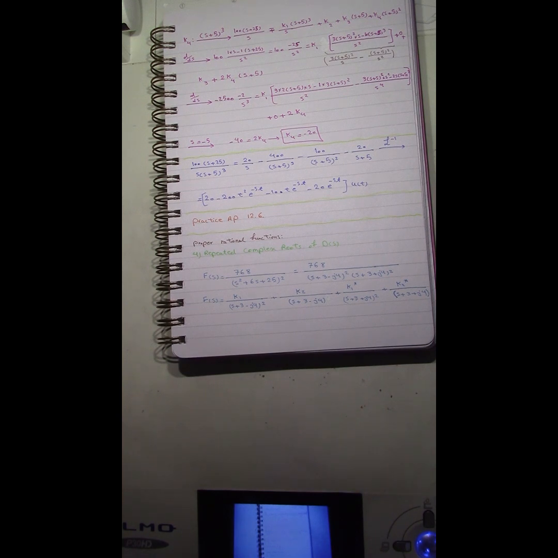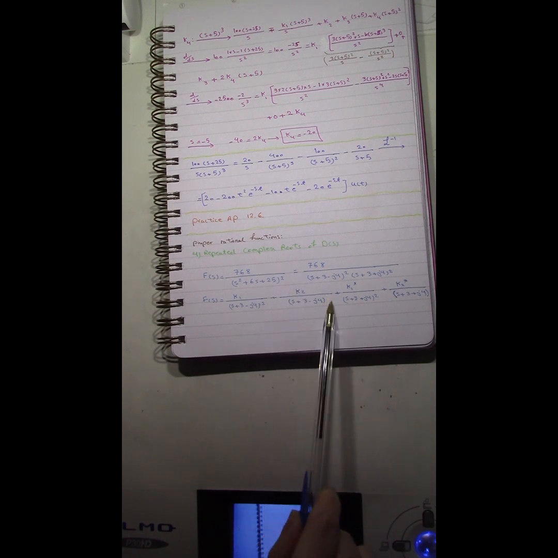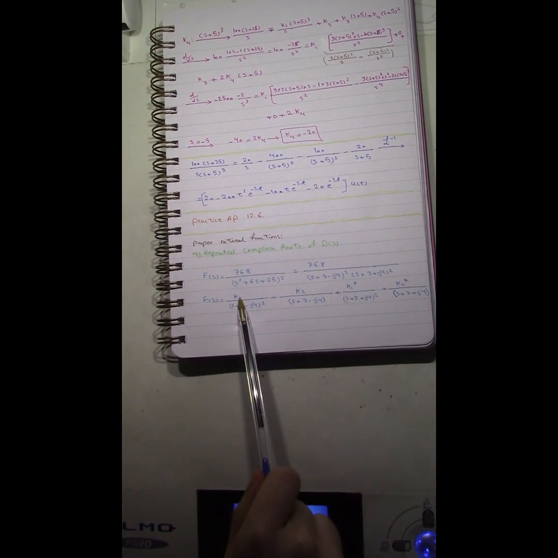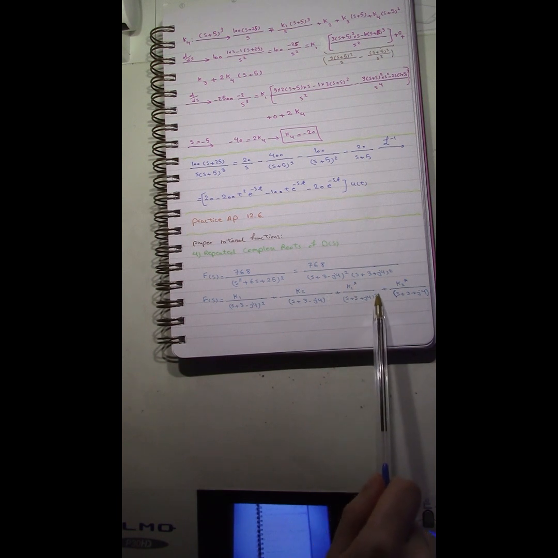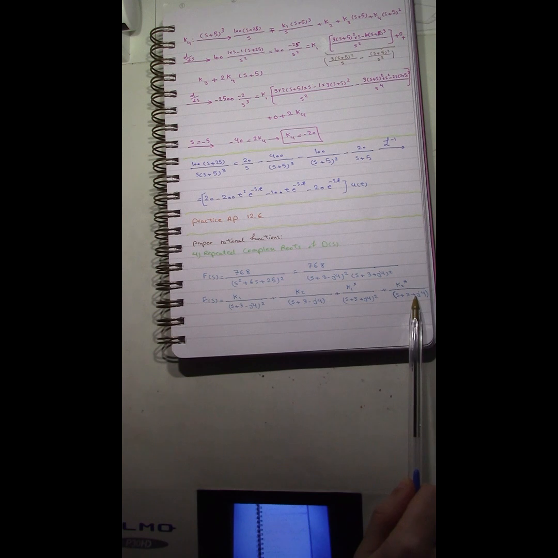So for repeated complex roots, K1 over this one square plus K2 over this one without square, or decrease it by 1. And the third term is K1 conjugate. This one is this square and K2 conjugate over s plus 3 plus j4.